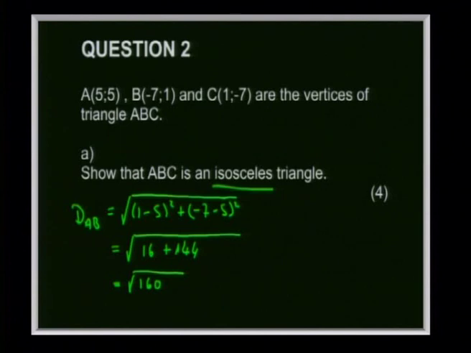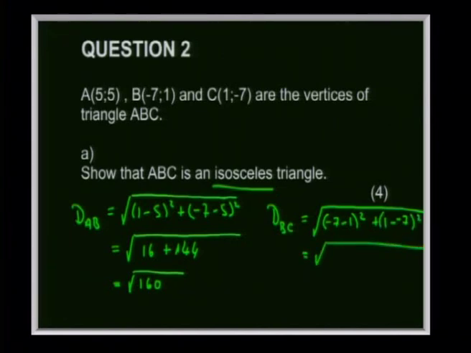Let's check what the distance of BC is going to be. Well, distance of BC, similarly, minus 7 minus 1 all squared plus 1 minus 7 all squared.